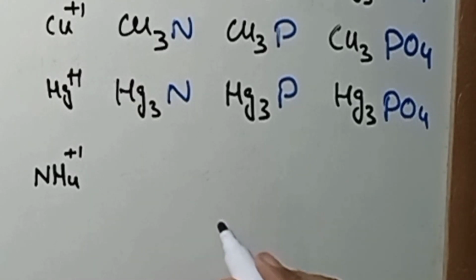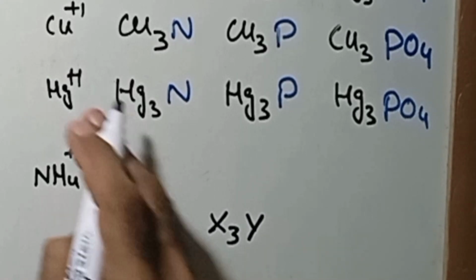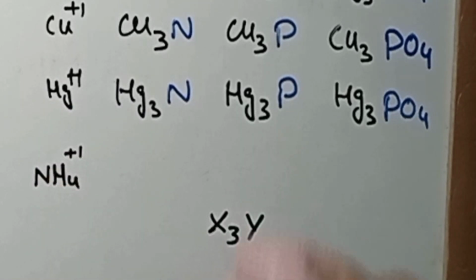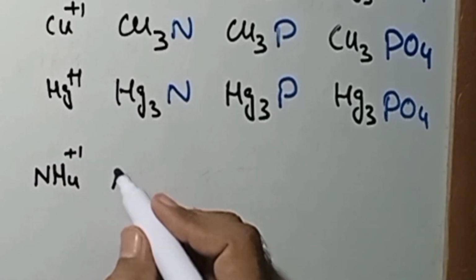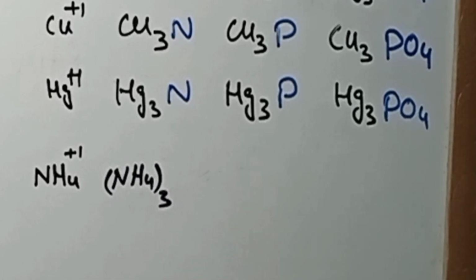Okay, now the x3y formula will tell us that you have to write thrice of NH4, NH4 thrice, not the 3.